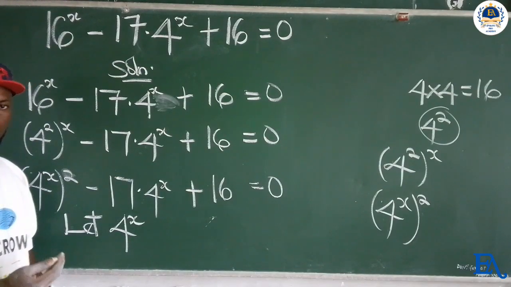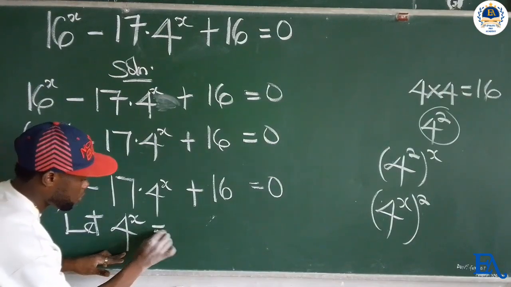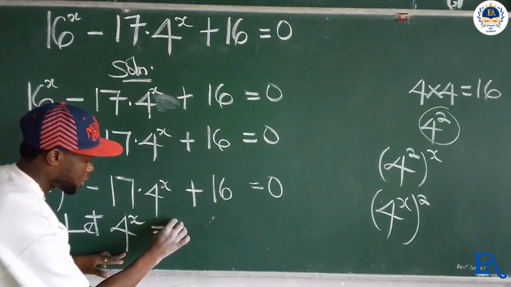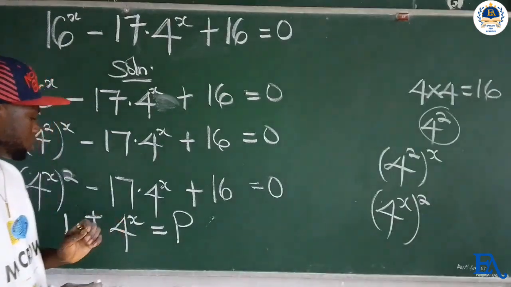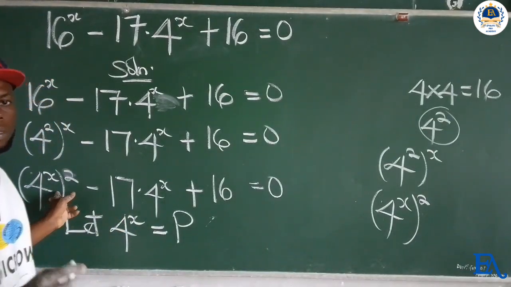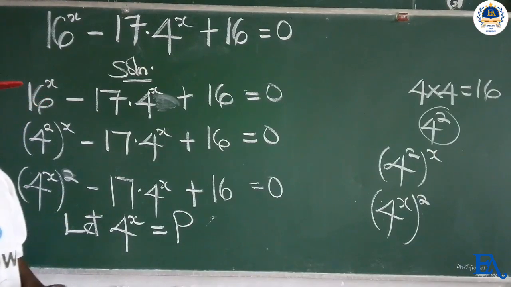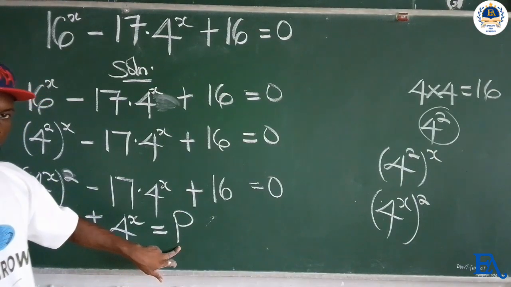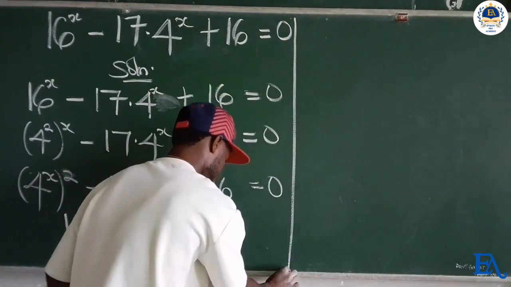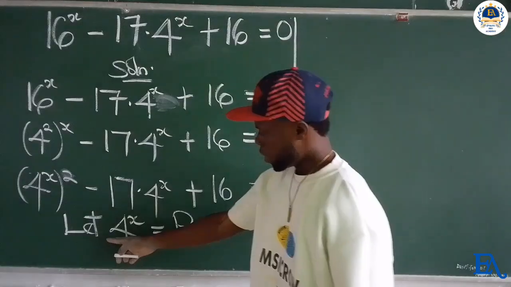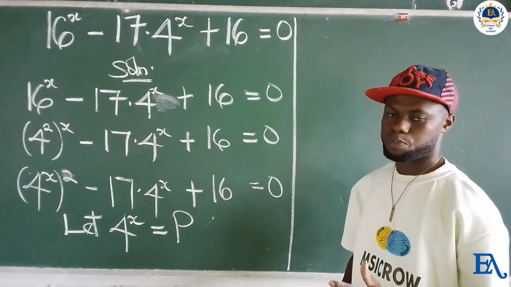What letter should we choose? Let's choose letter P. Let 4 raised to the power of x represent P. That means any place where 4 raised to the power of x is written, we can easily substitute it with this letter P. Let 4 raised to the power of x equal P.